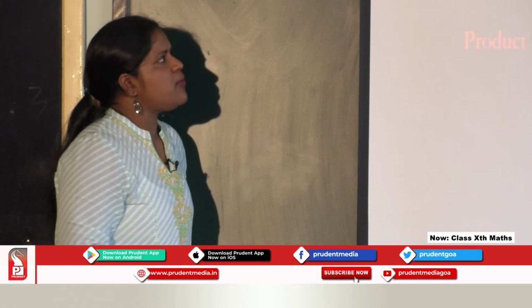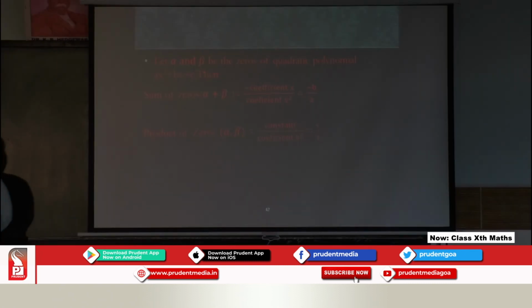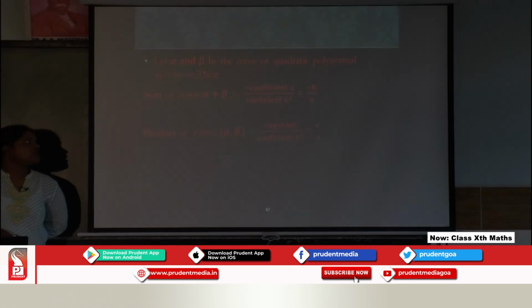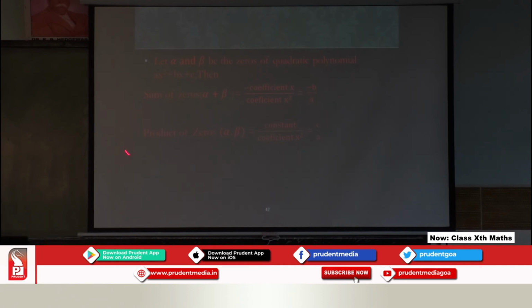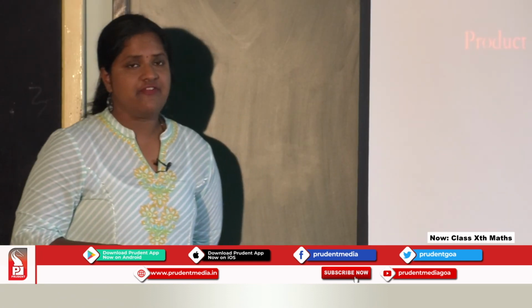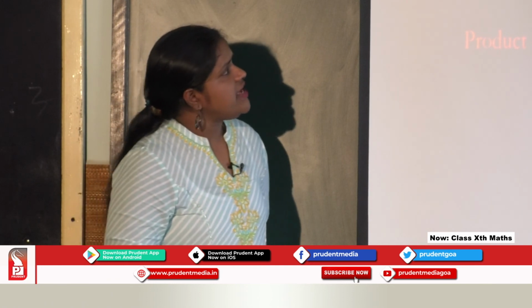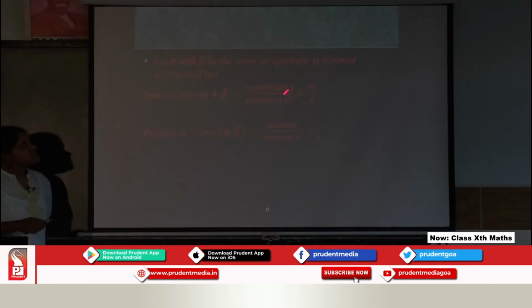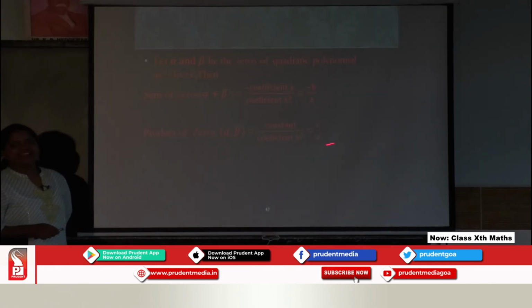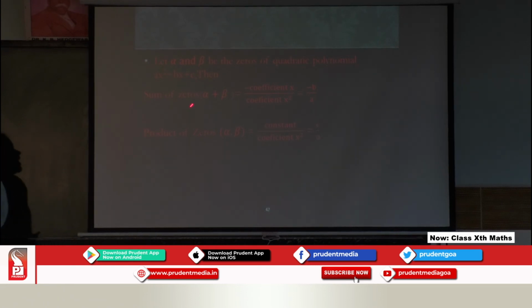Then the point of discussion was verification. Once you find sum of 0, product of 0, we learned about verification. Also, we learned how to derive minus b upon a and c upon a. So, if alpha and beta are 2 zeros of quadratic polynomial ax square plus bx plus c, how did we find sum of 0?